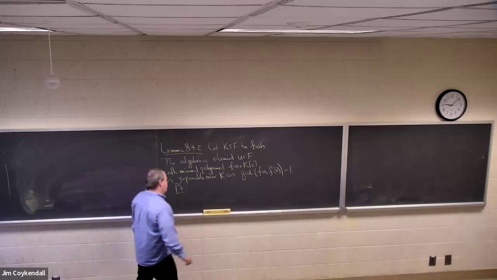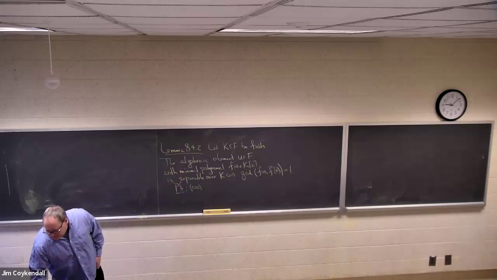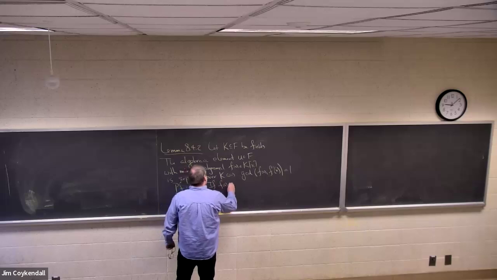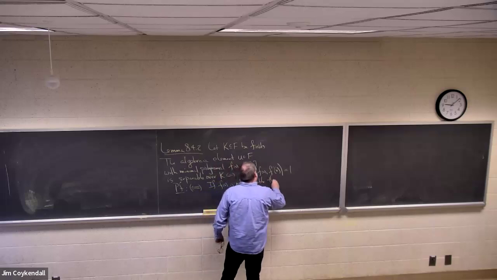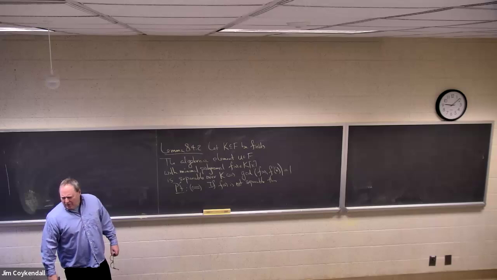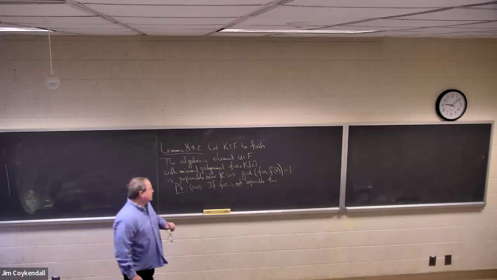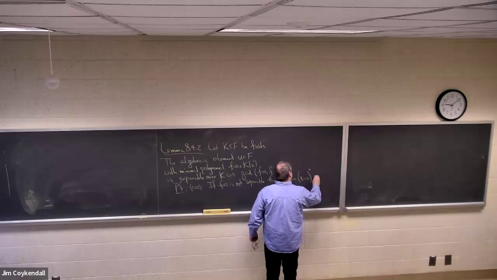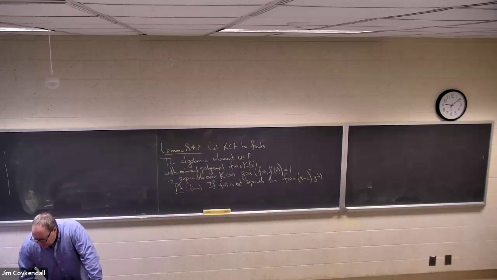Proof. Let's go this way first. If f(x) is not separable, that means that its polynomial must have a factor of the form (x minus a) to the n, for some n bigger than 1.